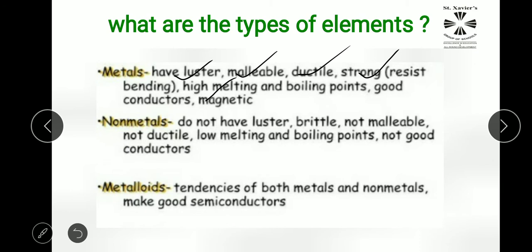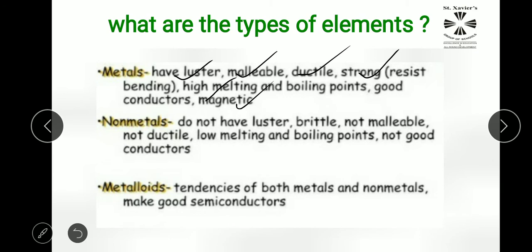They are having high boiling point. If we have to make them boil, they have a high boiling point. They are good conductors of heat and electricity, and they are magnetic. Some of the metals are magnetic also, students. That means they are getting attracted towards the magnet, students.